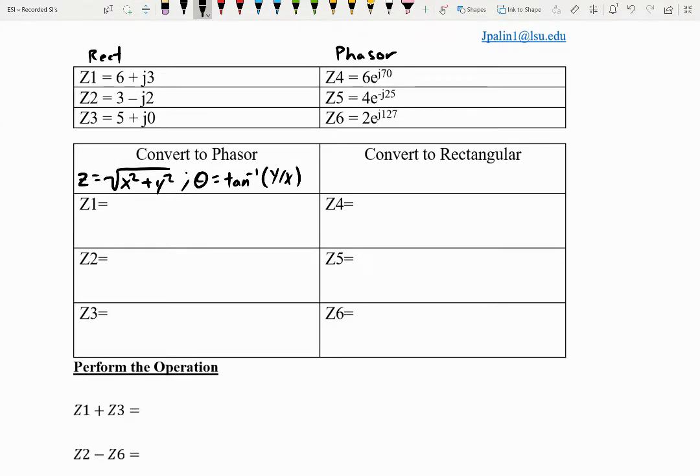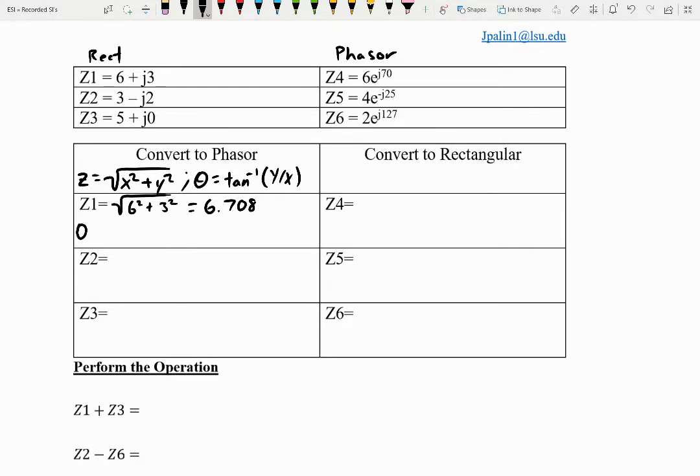so doing that, what we'll need to do is solve for z1 first. This will be the square root of 6 squared plus 3 squared. Okay. This will give us 6.708.